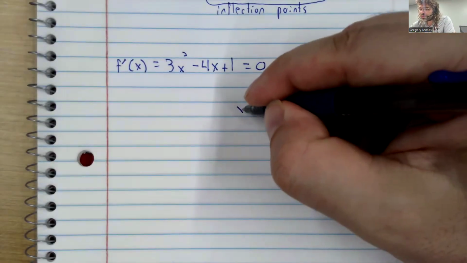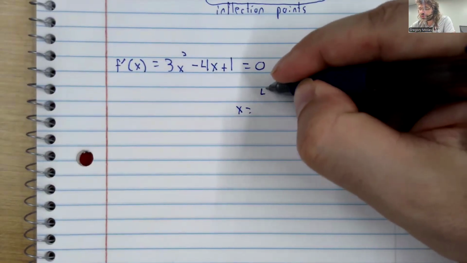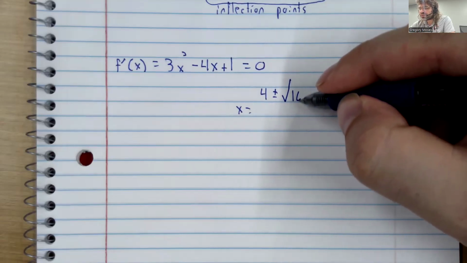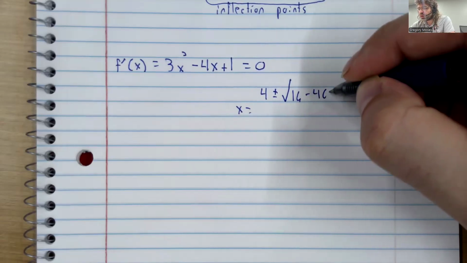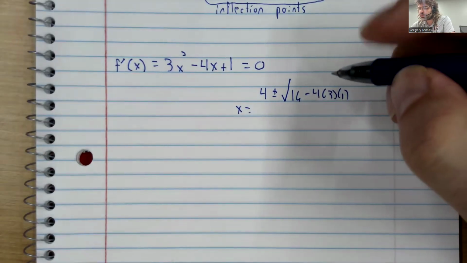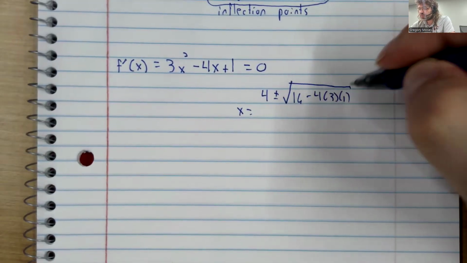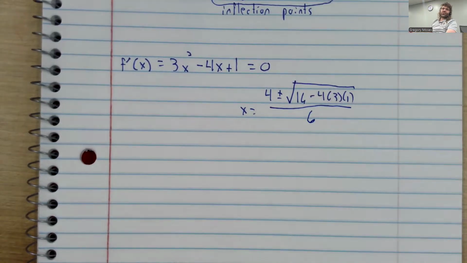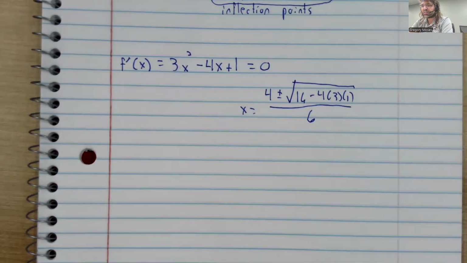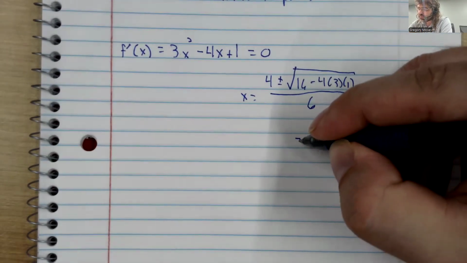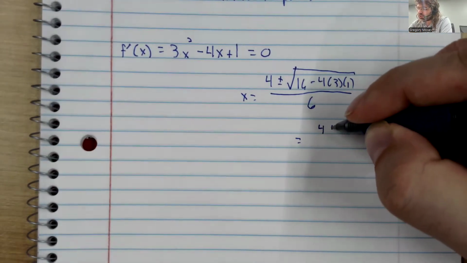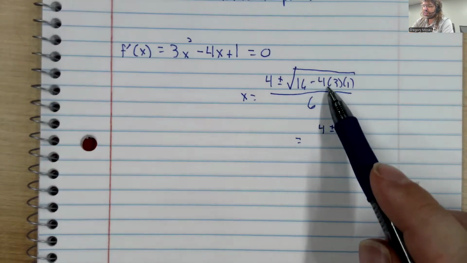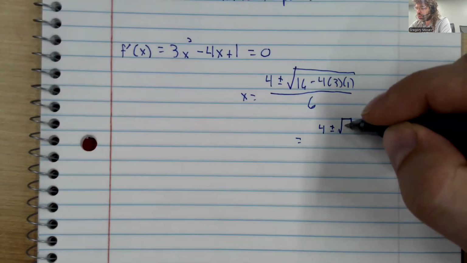And x is 4 plus or minus the square root of 16 minus 4 times 3 times 1, all divided by 6, 2 times 3. 4 plus or minus the square root of 16 minus 12 is 4.